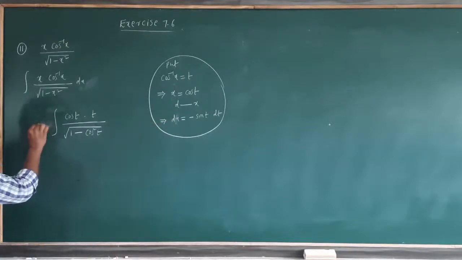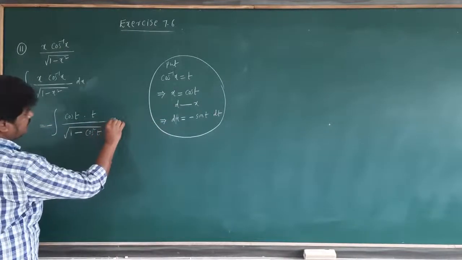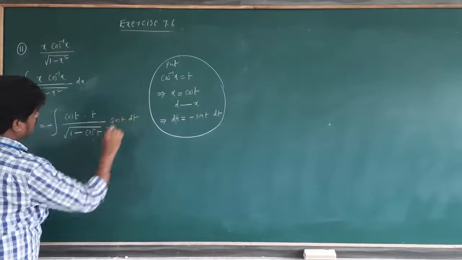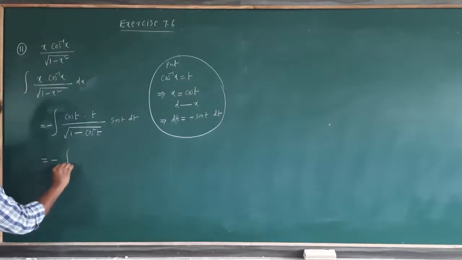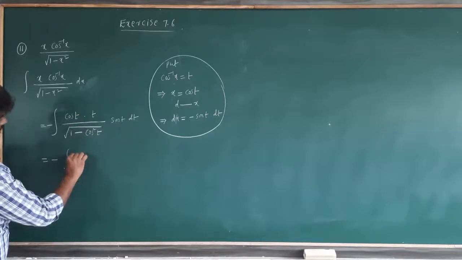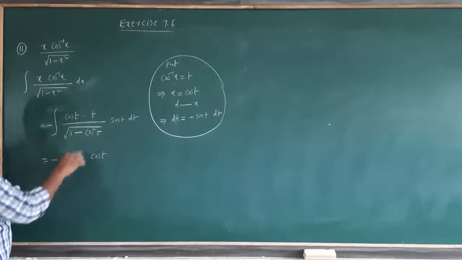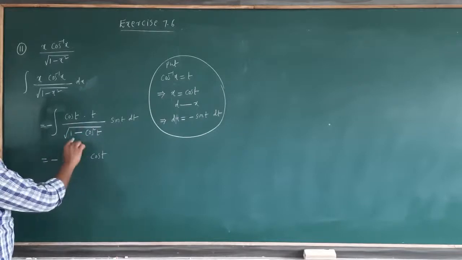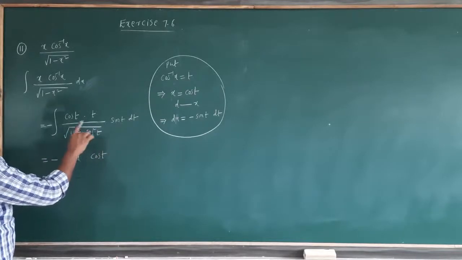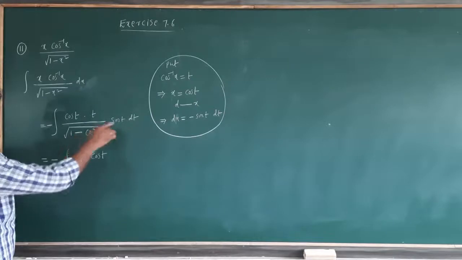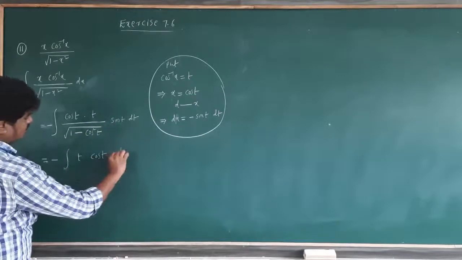Here I am taking minus outside the integral and sin t dt here. Now this equals minus integral of, just interchanging, t cos t. 1 minus cos square t means sin square t, root over sin square t means sin t, so sin t cancels out. Finally we get only this one.